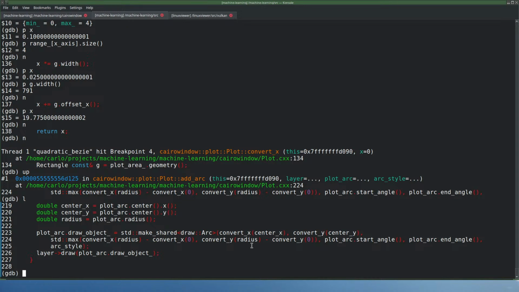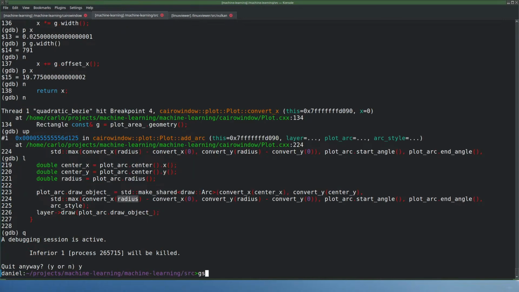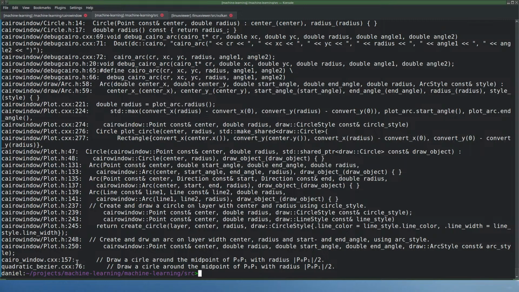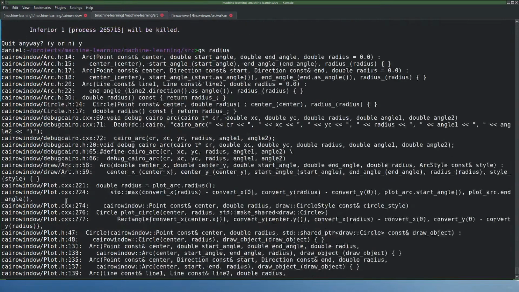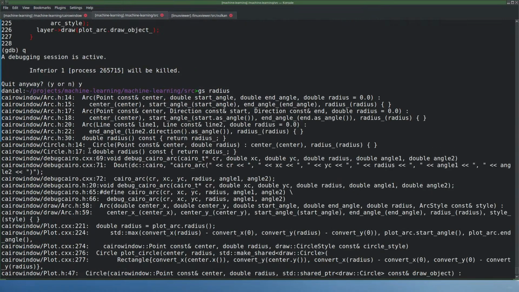Maybe the radius is at the end here. Arc has the radius before the angles, so let's keep that.